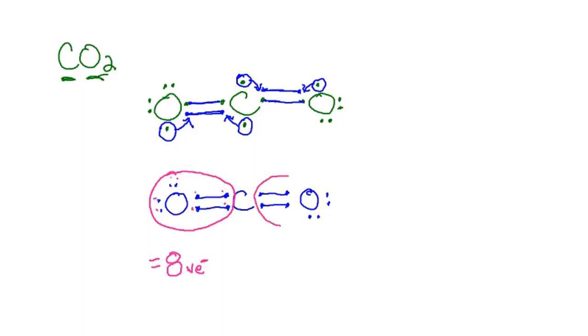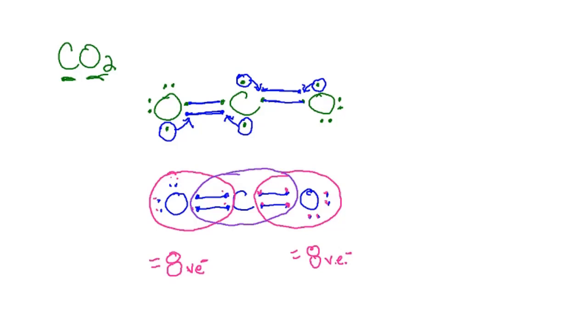Let's try over here for this oxygen. We have 1, 2, 3, 4, 5, 6, 7, 8. So that's 8 valence electrons for oxygen. And let's do carbon. So carbon goes around, including the bonds.